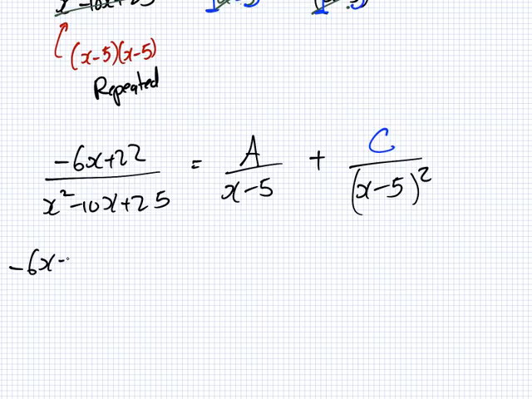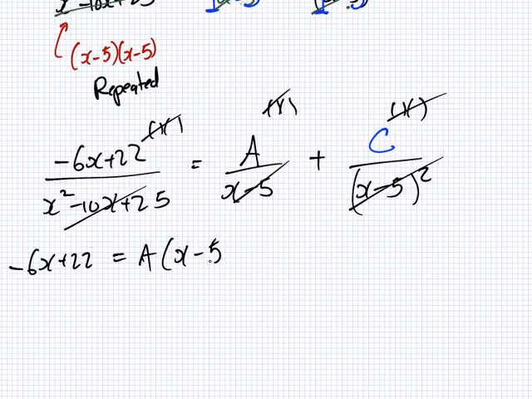Minus 6x plus 22. So if you multiply by the factors, like last time, equals a times x minus 5 plus c. That's it, nice. Much nicer. So first we make x equals 5. Here, what do we say this one was?